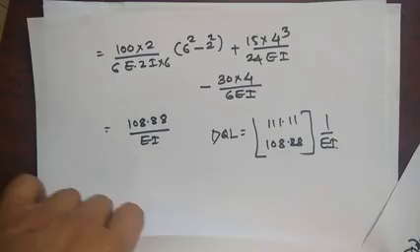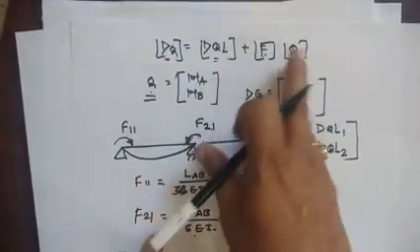Now we got all these matrices DQ, DQL, F and the Q matrix.